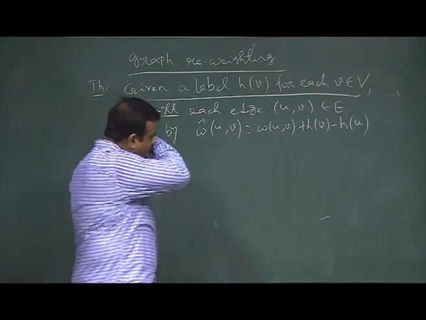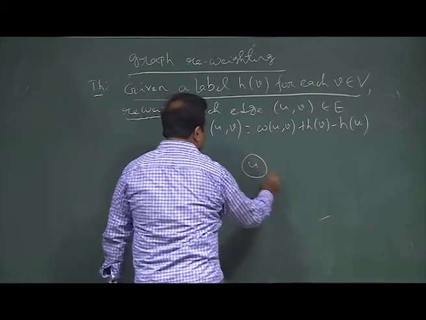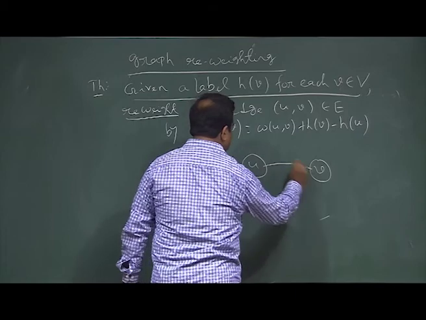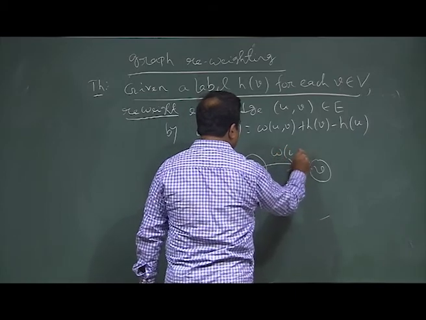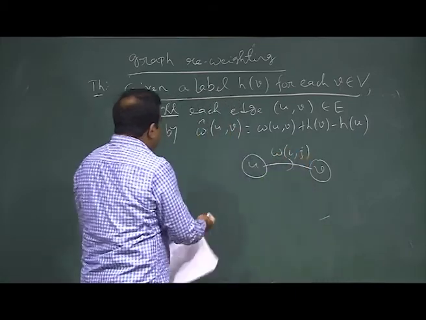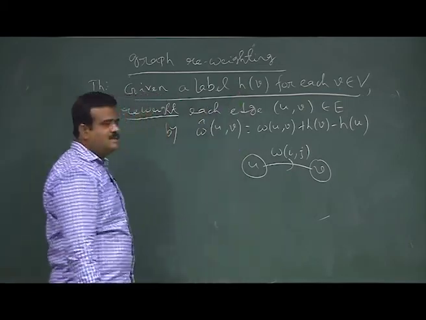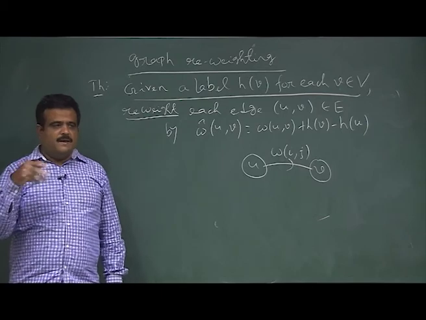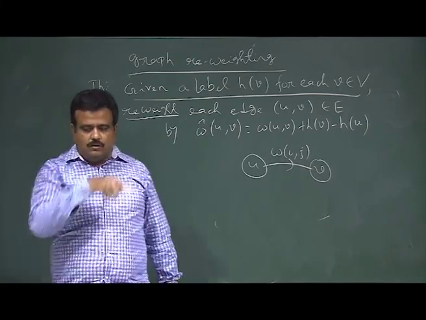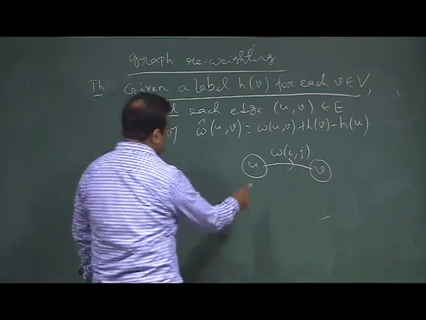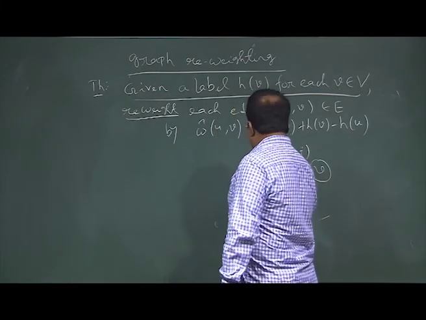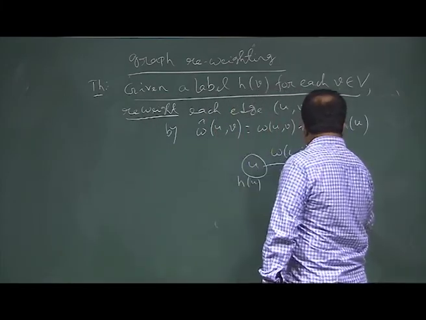Okay. So basically what we are doing, we have two vertices, with edge weight w(u,v). Now we are labeling the vertices by h. h is a function, and we have to get this function. We will come to know how we will get it. We are labeling u by h of u, and v by h of v.